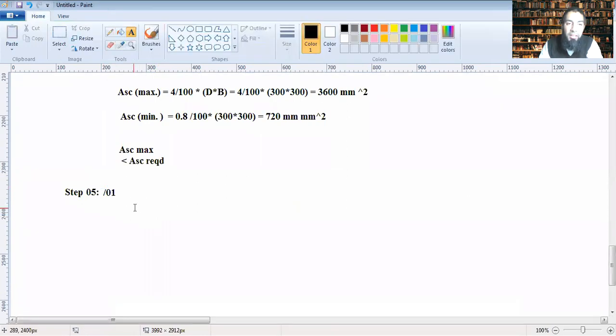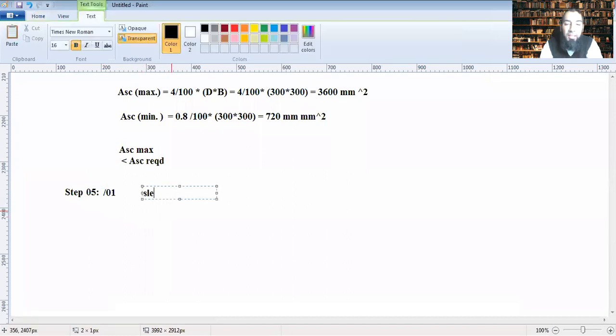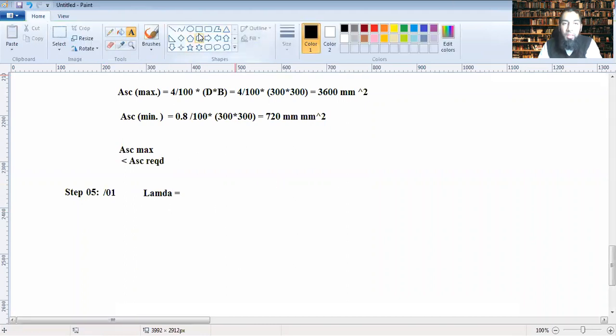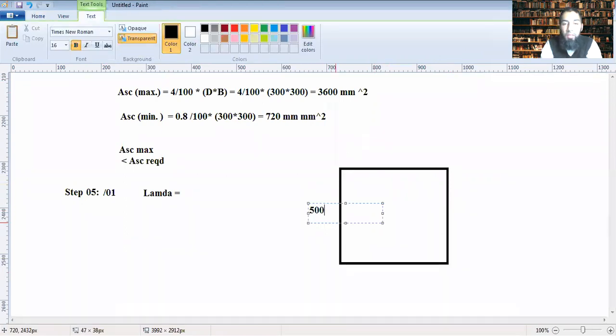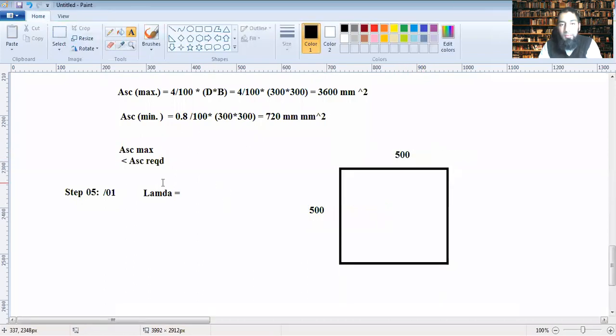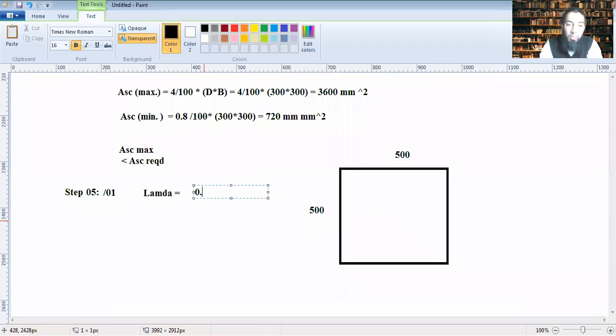So your slenderness ratio will come out to be less. There will be no problem in that. Now, how much will your slenderness ratio lambda now be? If I am now changing the cross-sectional dimension of this, let this now be 500 cross 500 mm. तो कितना आएगा? 0.65 into 3150 divided by 500.